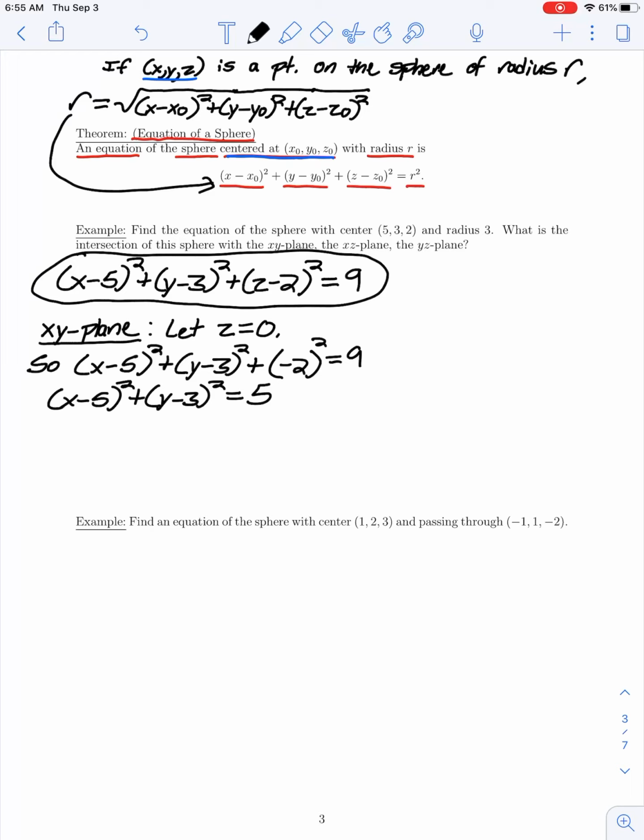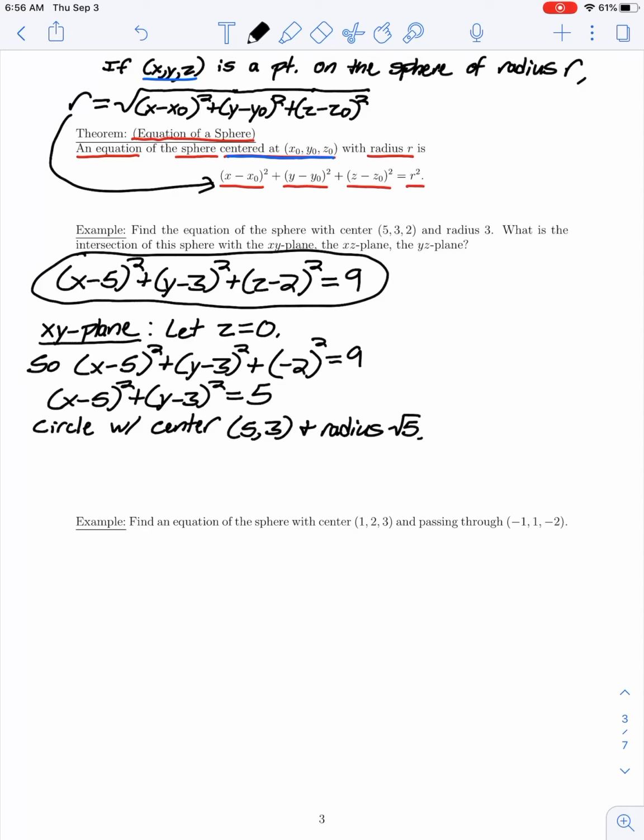So let's think about what this equation represents geometrically. We would recognize this as the equation of a circle with center at the point (5, 3) and radius square root of 5.